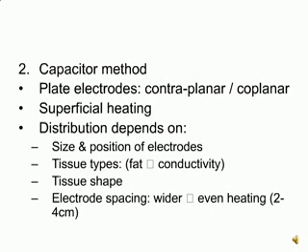The type of tissue also affects this, with fat decreasing conductivity. The shape of the body part matters too, with parts closer to the electrodes being heated preferentially, and wider electrodes causing more even heating. Usually 2 to 4 cm between the electrodes and skin surface is recommended.